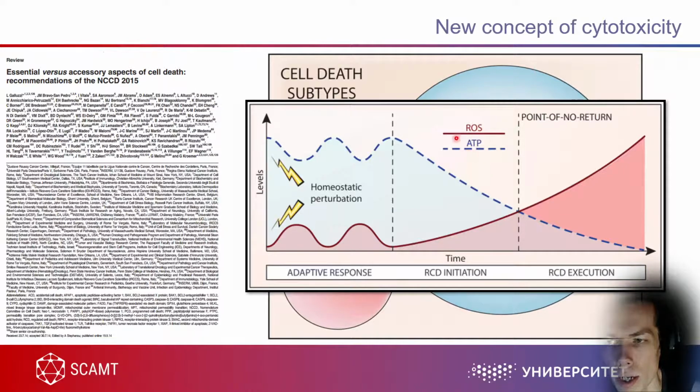And ATP is the most important molecule when we are talking about initiation of regulated cell death. And as you can see, these levels of ATP can decrease dramatically, maybe 3 times, or maybe even lower. And there's still some possibility for the cell to survive even here. So there should be some point of no return.